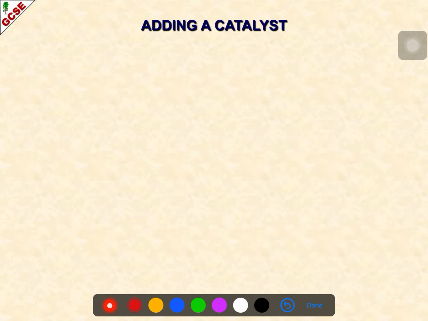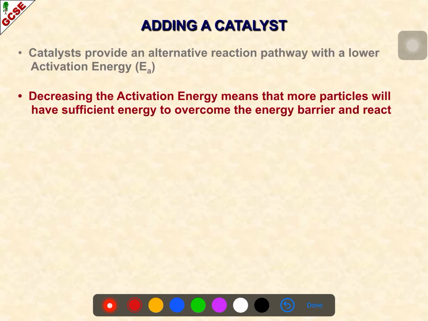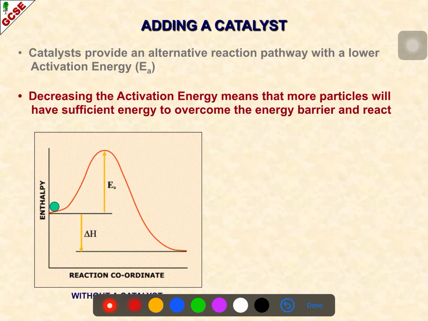So for you to copy, pause it. So when you are adding a catalyst, so what is a catalyst? A catalyst provides an alternative reaction pathway with a lower activation energy. Let me explain that. So say for example this graph, okay?